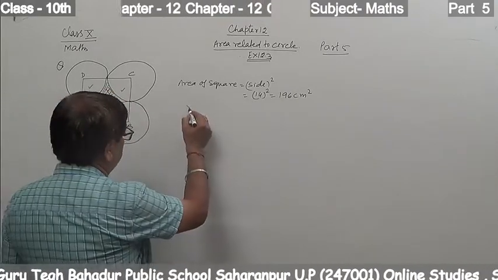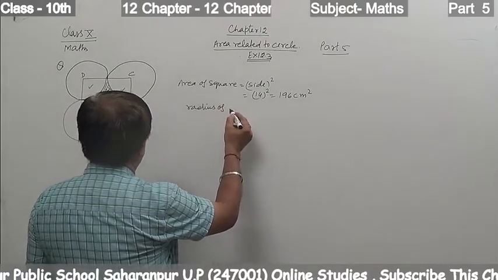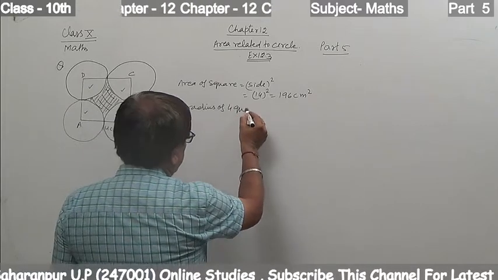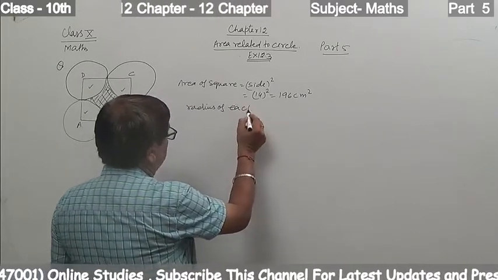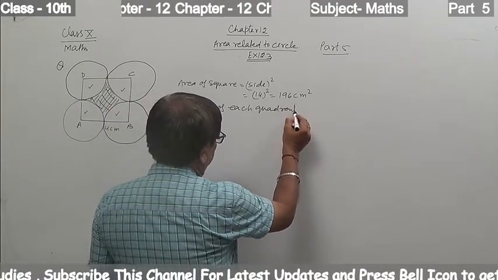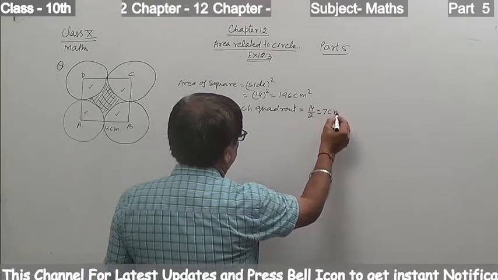Radius of each sector, a 4 quadrant you can also say, radius of each quadrant is 14 by 2, that is 7 centimeter.